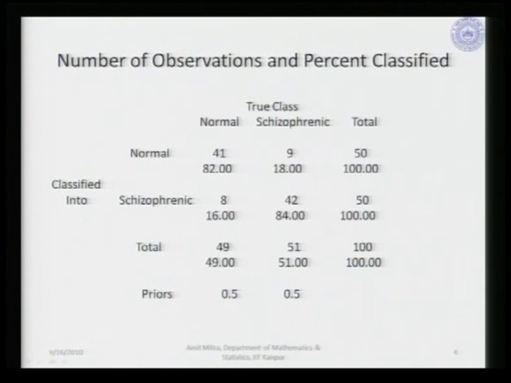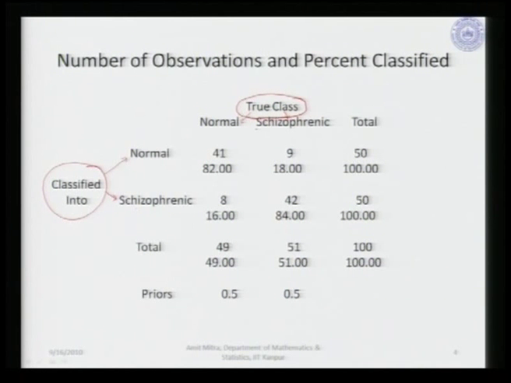On this side we have the true class membership, either normal or schizophrenic, and where that true class observation gets classified. An observation from the normal class can get classified to the normal class, or to the schizophrenic class, in which case it is a misclassification.